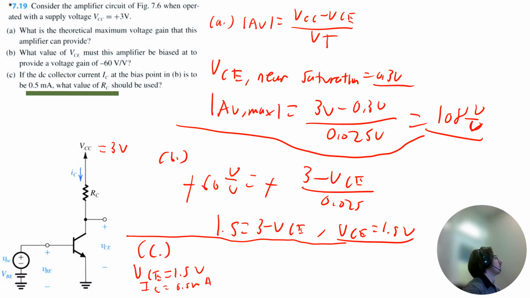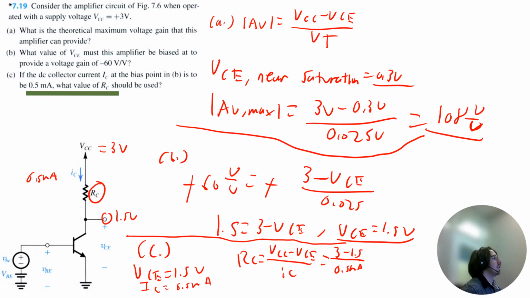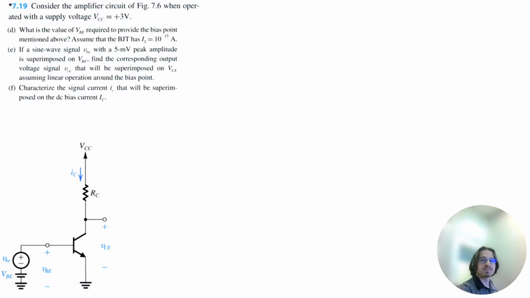Okay, so VCE here is 1.5 volts, IC is 0.5 milliamps, so we can solve for RC as VCC minus VCE divided by IC, which is 3 minus 1.5 divided by 0.5 milliamps, and that is equal to 3 kilo ohms.